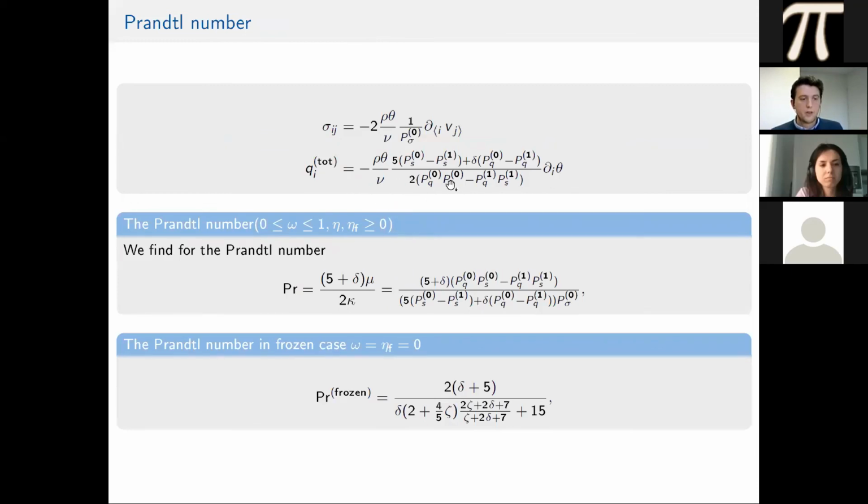And when you solve this, you can extract the shear viscosity and heat conductivity, and then you can compute the Prandtl number. In the special case when omega and eta frozen are equal to 0, this gives a slight improvement of the Eucken relations.